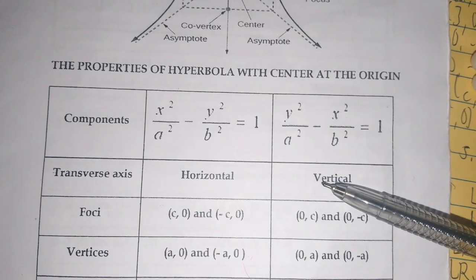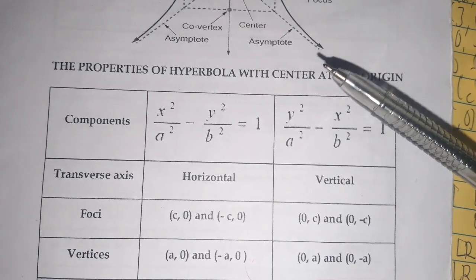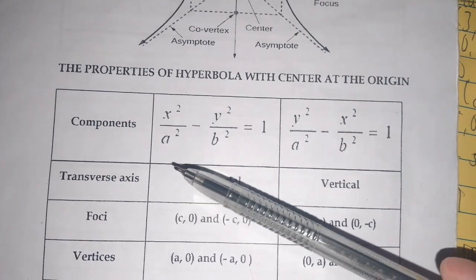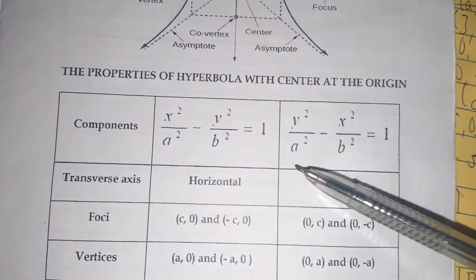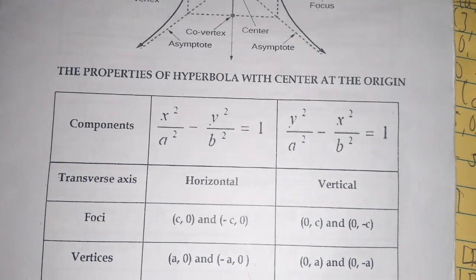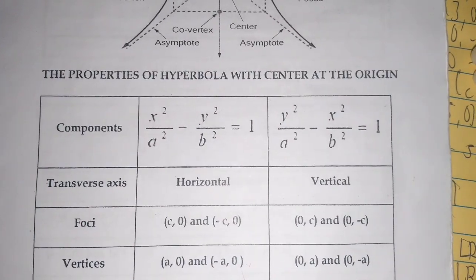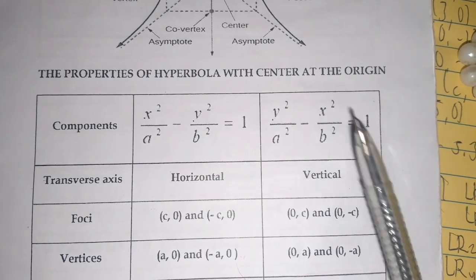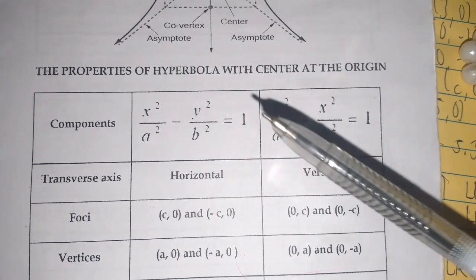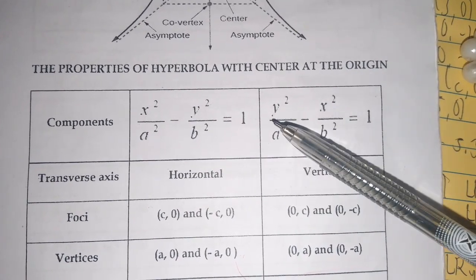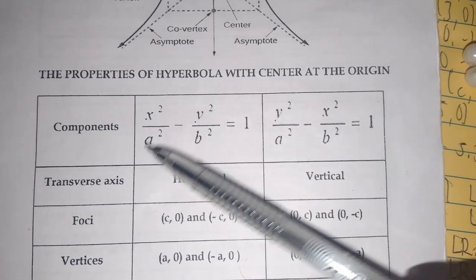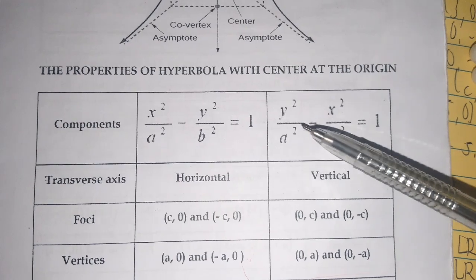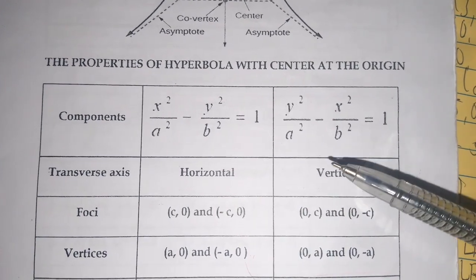In an ellipse, you can see it by looking at which has the higher denominator, but in this case it does not matter which denominator is higher. We are just going to look at the given equation. If x is first, then it is horizontal, and if y is first, then it is vertical.